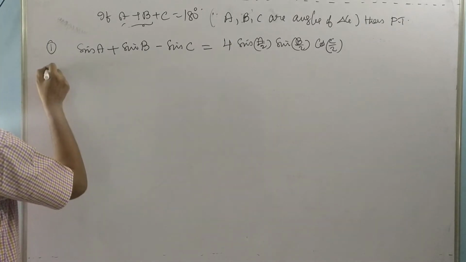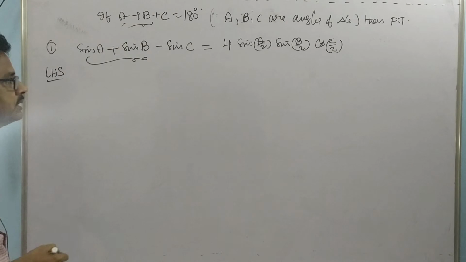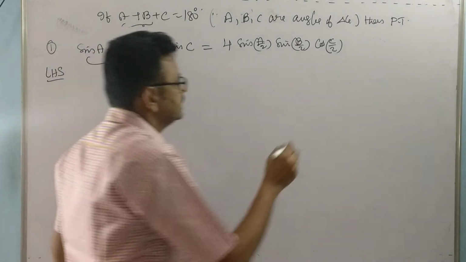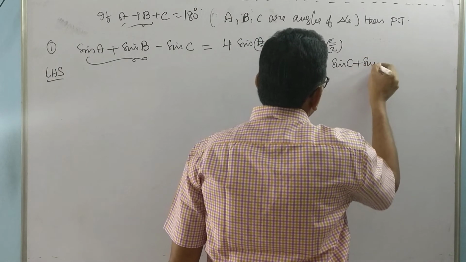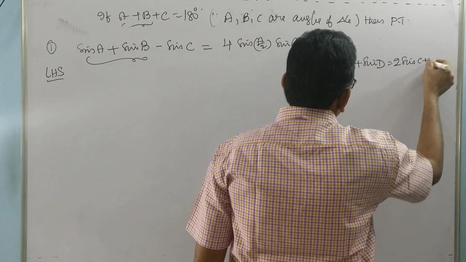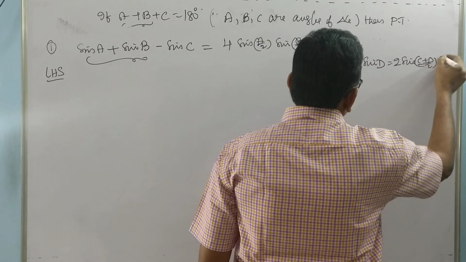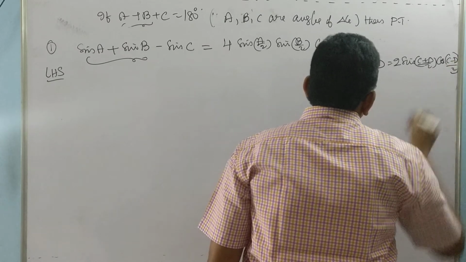Now taking LHS, here this is sin C plus sin D form. What about sin C plus sin D? It is equal to 2 sin C plus D by 2 into cos C minus D by 2.